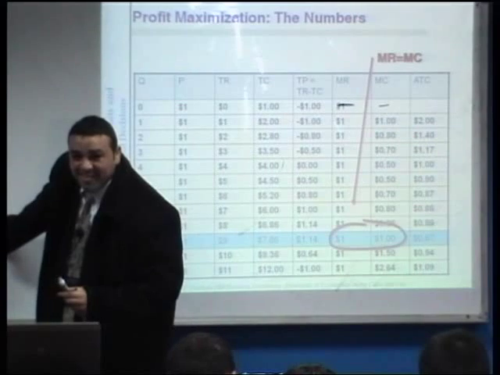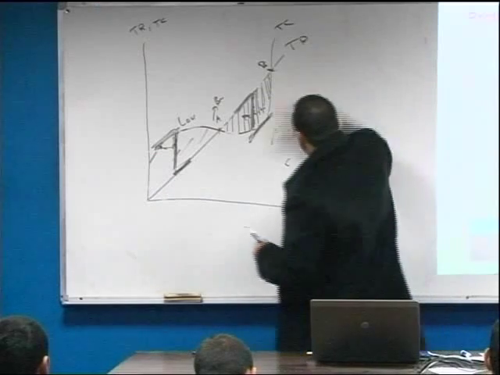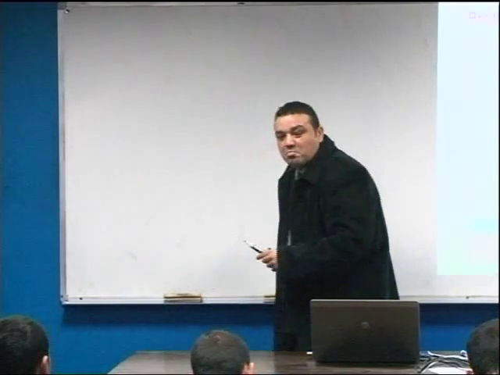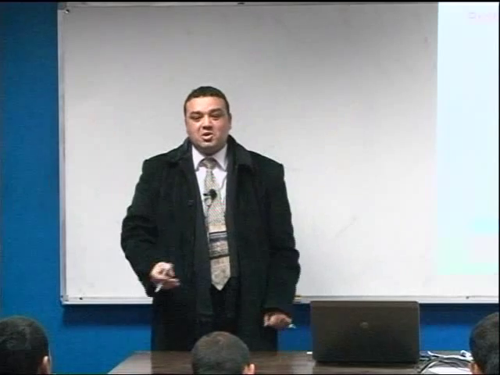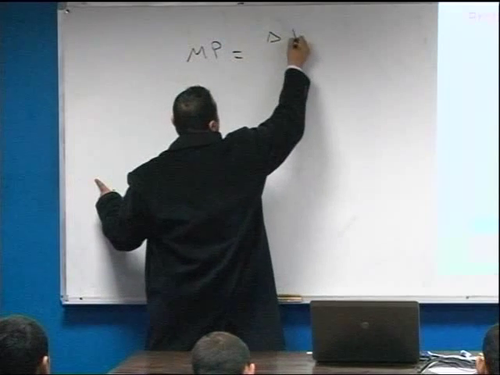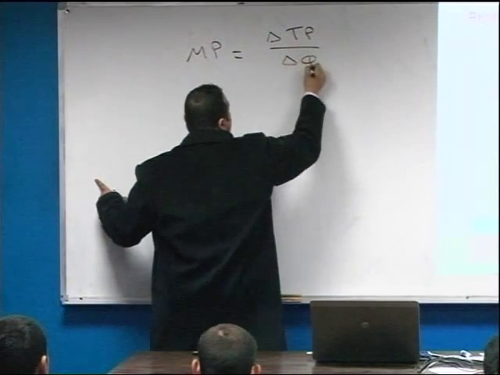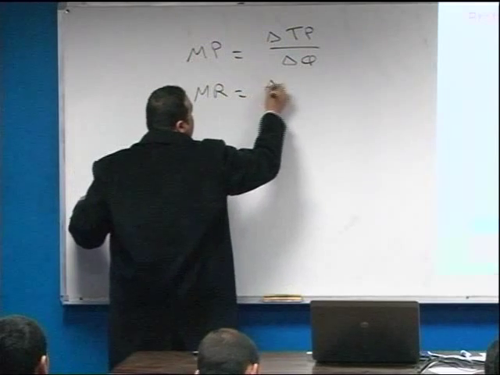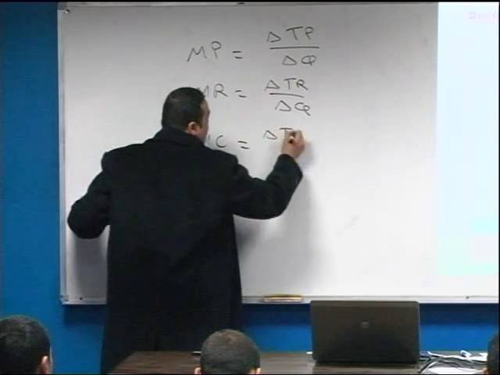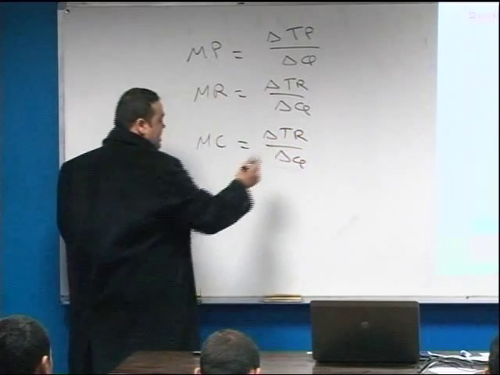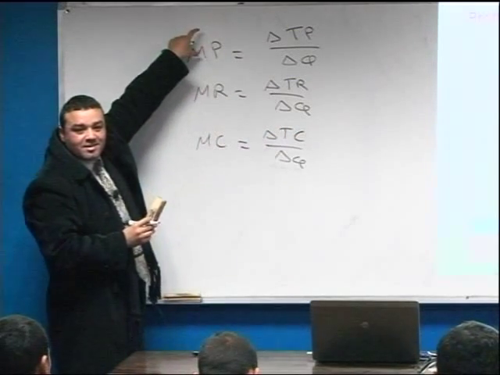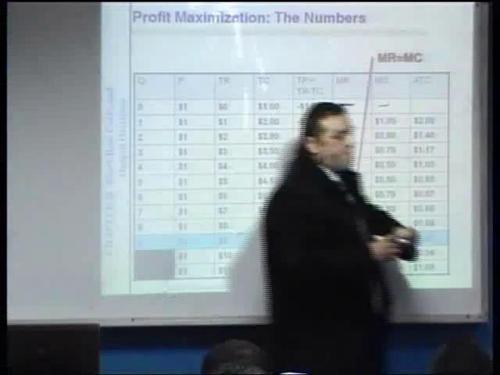Delta TP over delta Q. The marginal profits equals delta total profits over delta Q. It's similar to the marginal revenue, which is delta TR over delta Q, and MC equals delta TC over delta Q, because it's the marginal.